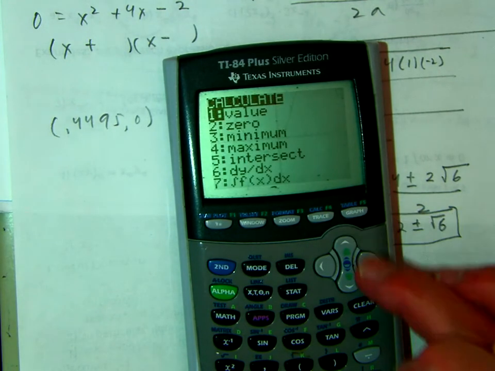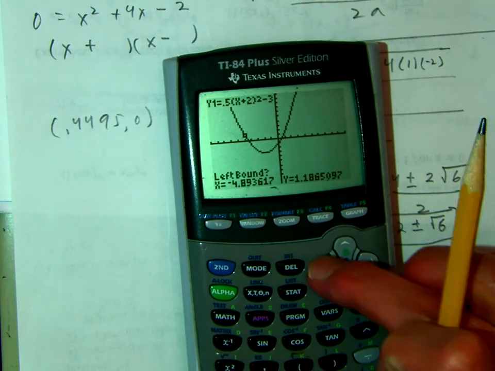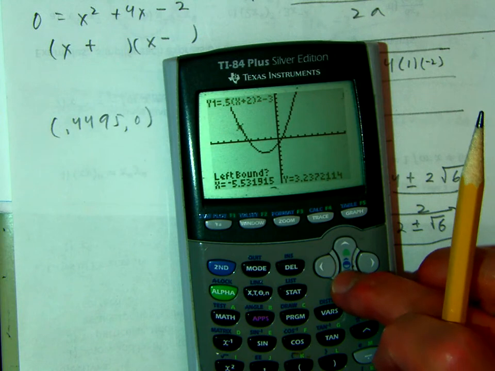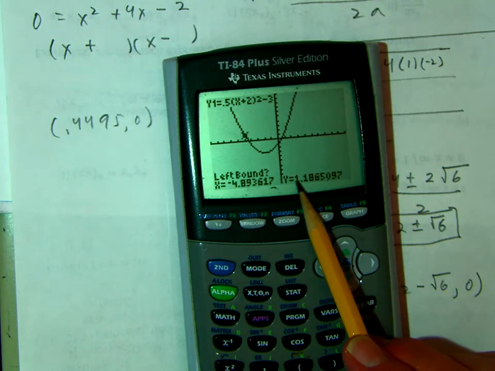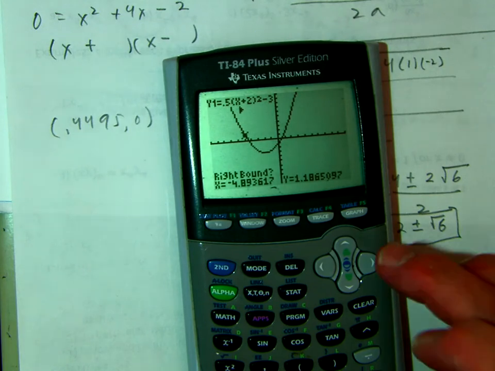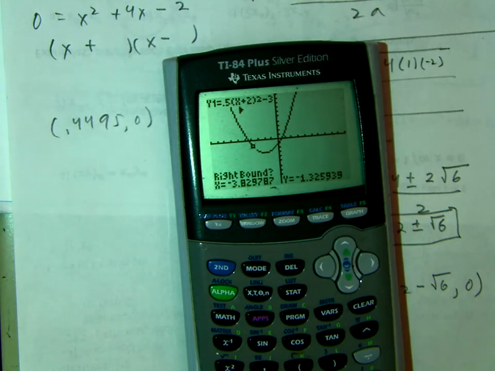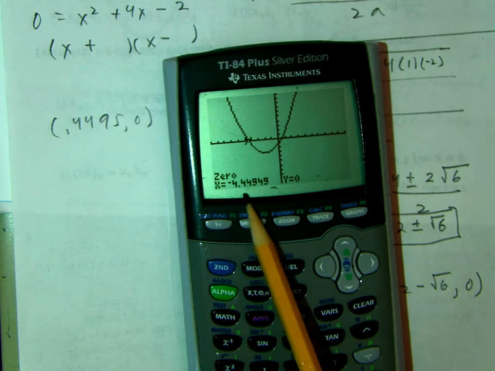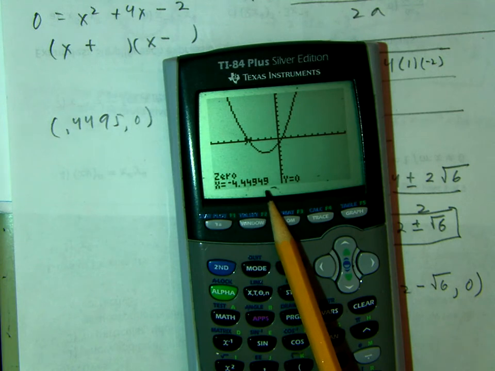Second calc 0. Left bound. So I need to be in positive territory first on the y values. So I've got a positive y here, hit enter. Right bound. Arrow over till I'm at a negative value, hit enter. Guess, hit enter. And there's my value, negative 4.4495. We'll estimate that one.